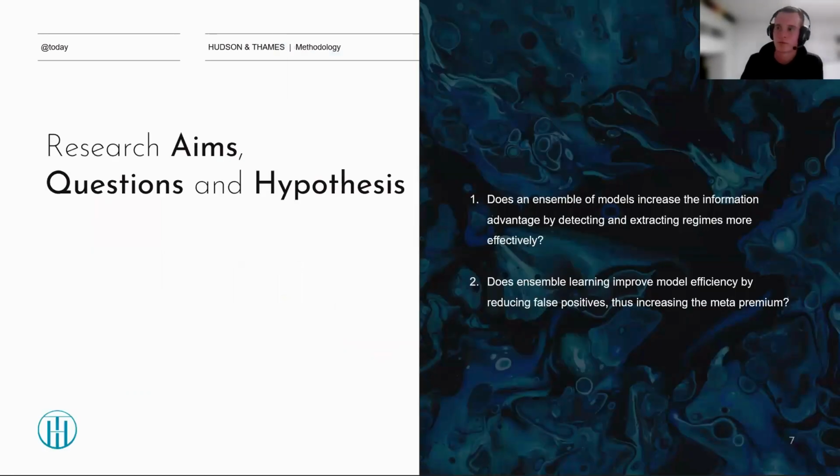Now we move on to the methodology and to our research aims, questions, and hypotheses. As I mentioned before, the goal of the study was to develop an ensemble learning model selection framework for meta-labeling. Our hypothesis is very straightforward: that an ensemble classifier would outperform a single baseline classifier.